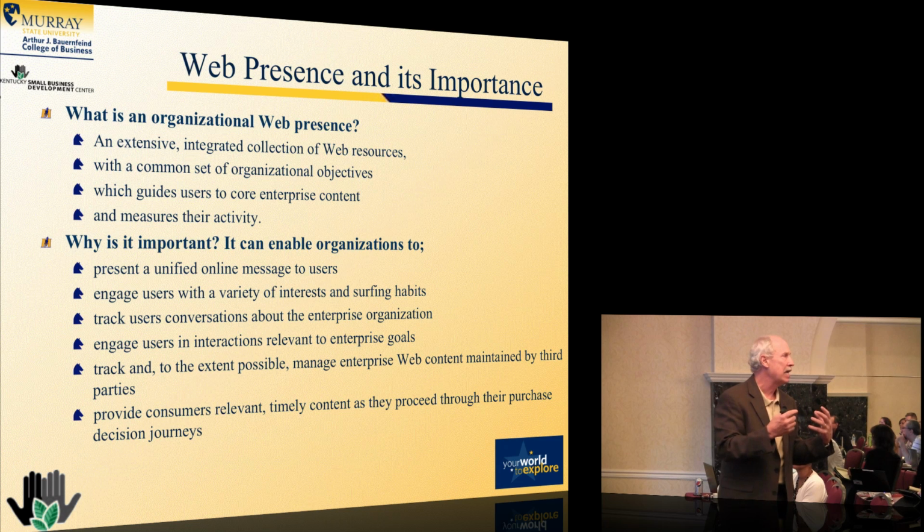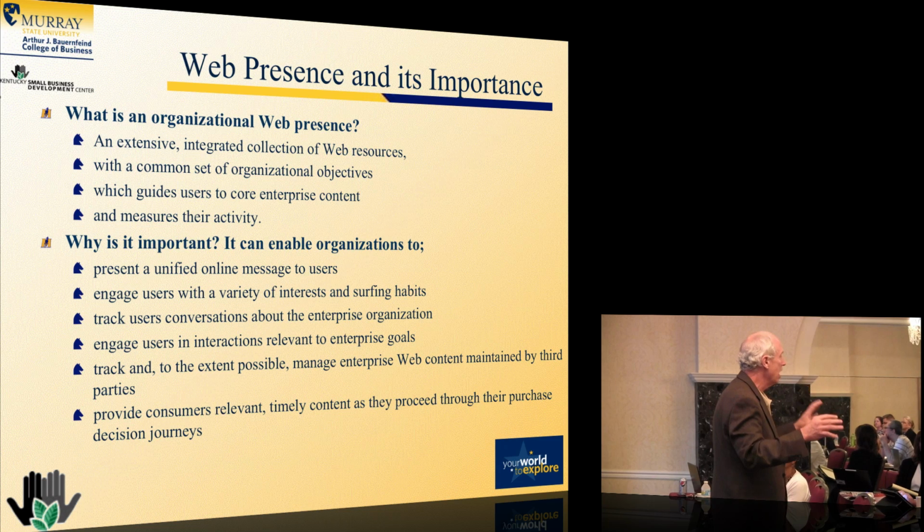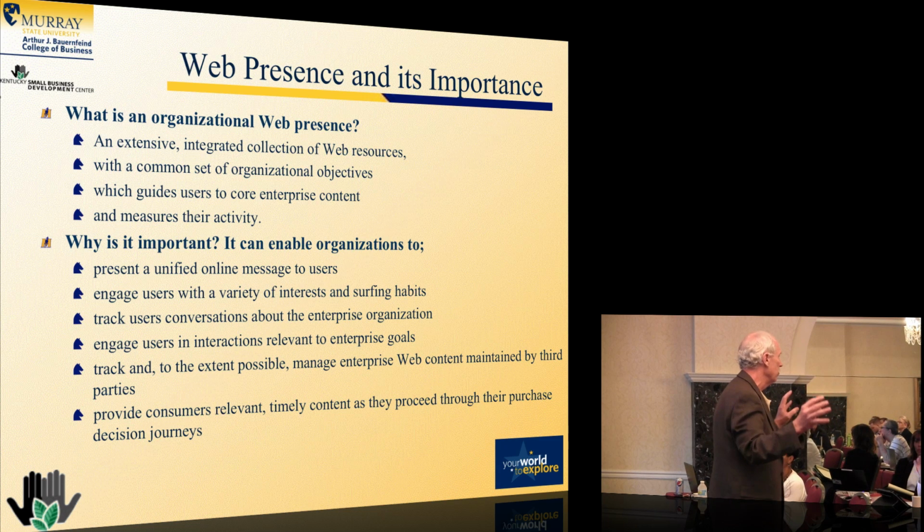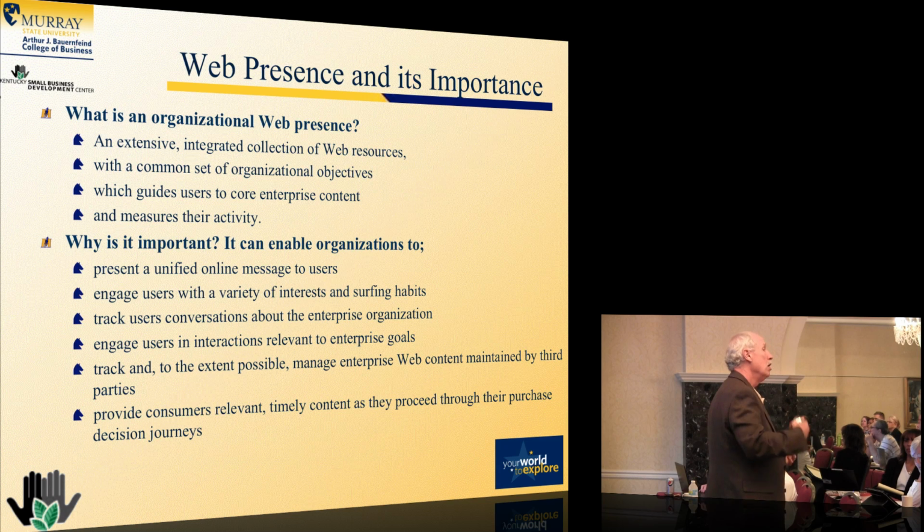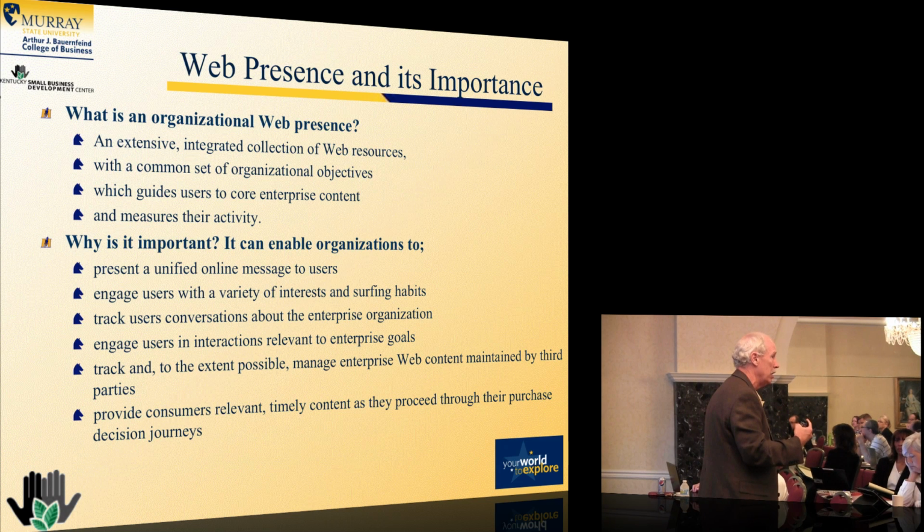You can track and, to some extent, and the importance here is to some extent, manage content in different parts of the web. So in a review service, you might not have the opportunity to get rid of a review that you don't like. In some cases, if you think it's unfair, you can appeal it and have it come down. But you do have the opportunity to respond.